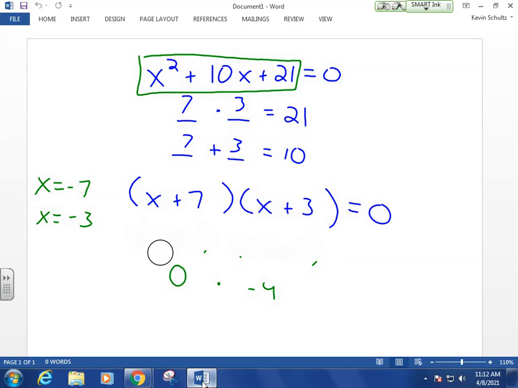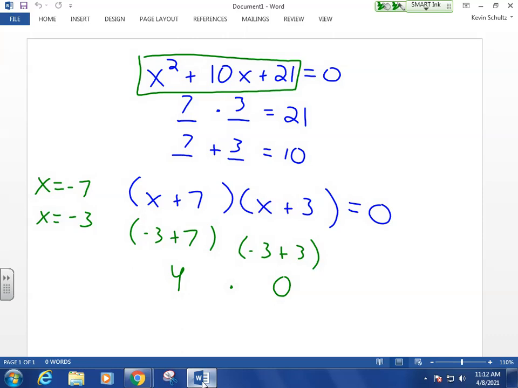And then negative 3, we plug in negative 3 into the second set to get negative 3 plus 3, which equals 0. Does it matter that negative 3 plus 7 is a positive 4? No, because 4 times 0 is going to equal 0.